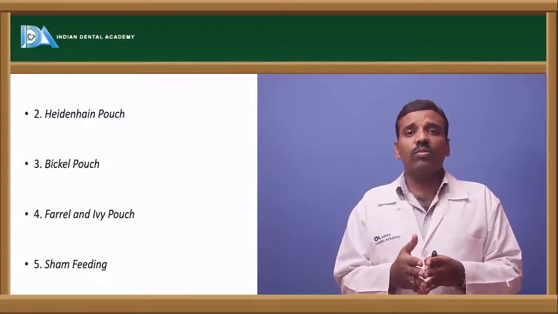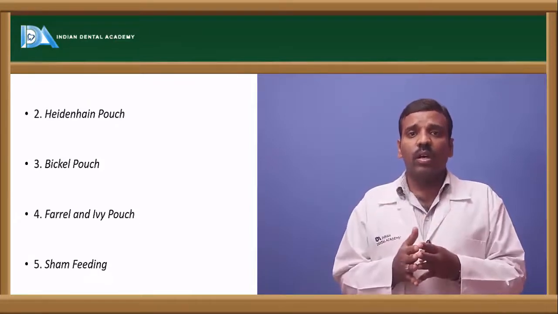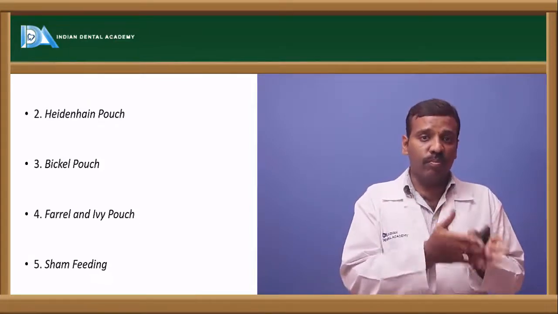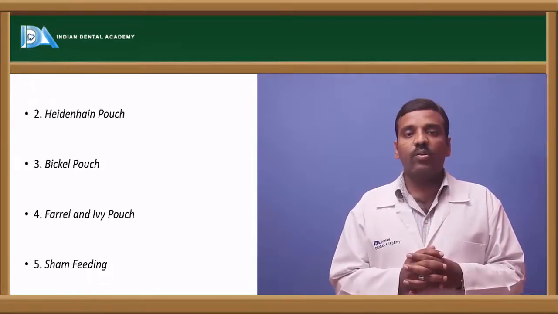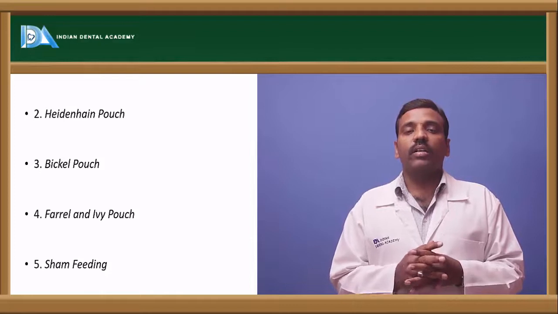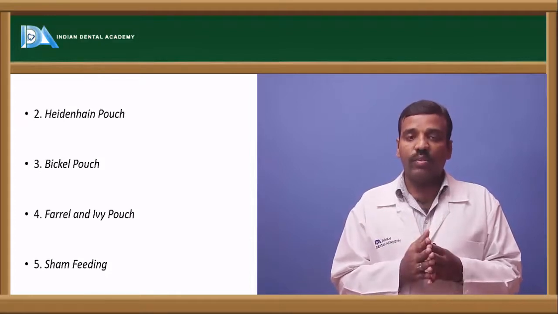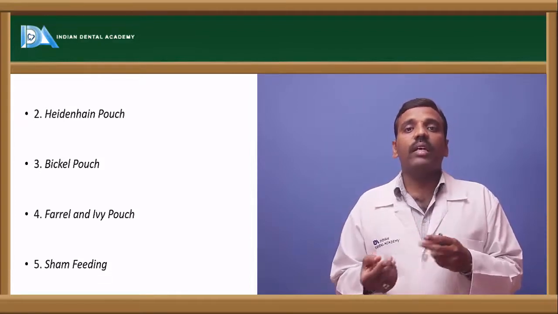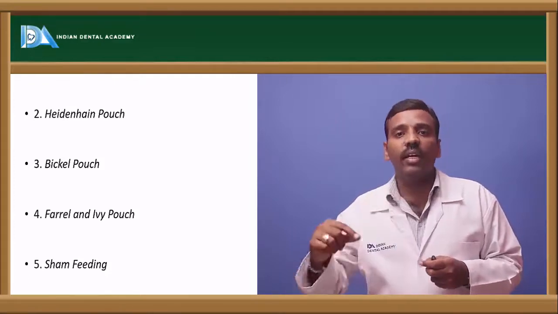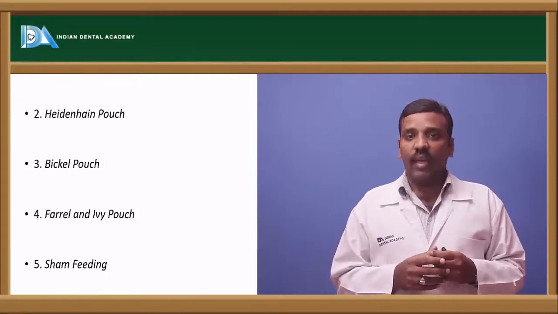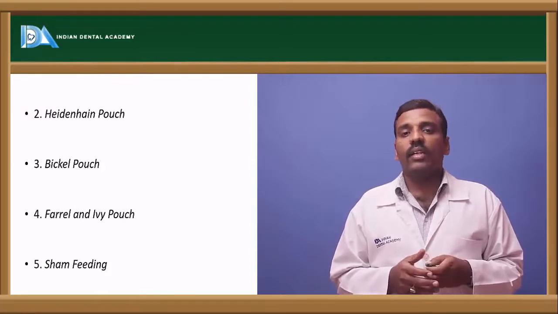All these pouches depend upon the sham feeding only, that is, false feeding. The dog has the satisfaction of taking the food, but it does not enter into the esophagus and comes directly out of the pharynx.